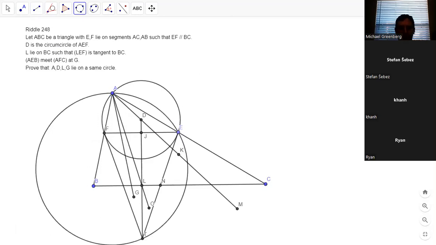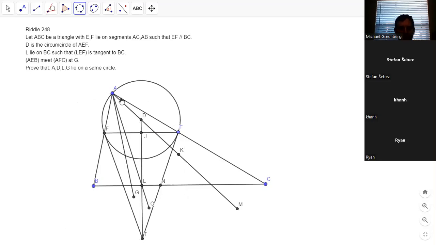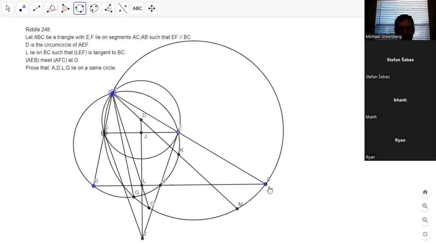Sorry, AENB is cyclic because this angle will be the same as angle A. So this angle TNB is TEF, which is angle A. So yeah, that's cyclic. And then similarly, this will be cyclic. So those will meet, and I can get rid of M. I can get rid of O.